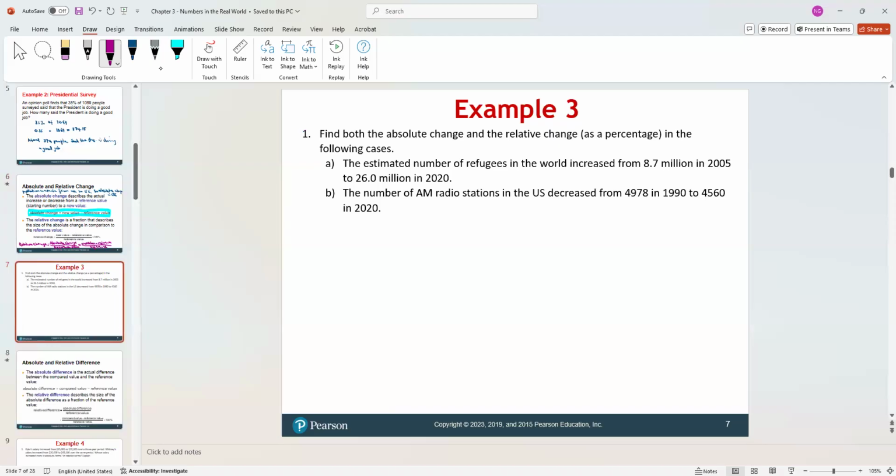All right. So for this one, we need to find both the absolute and relative change. Remember, absolute change is new value minus reference value.